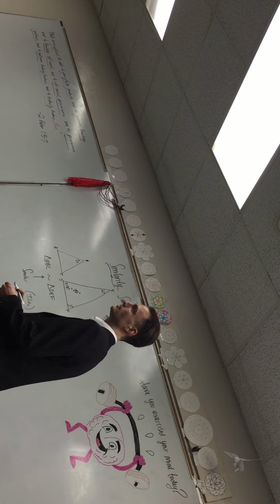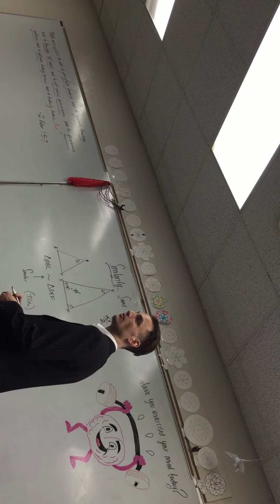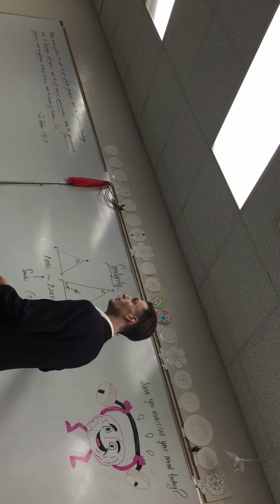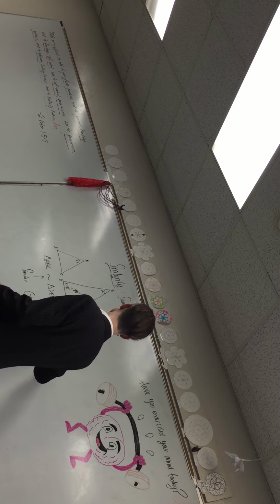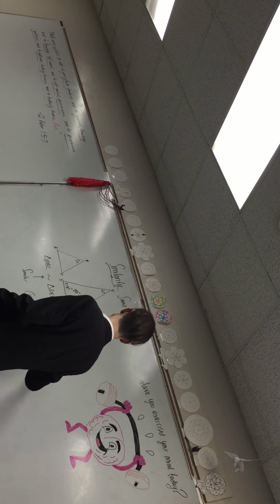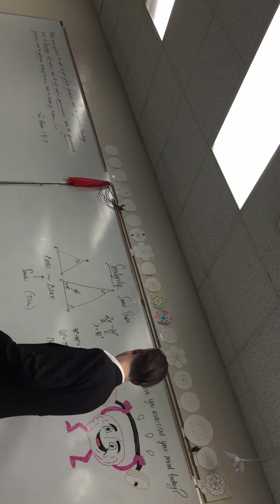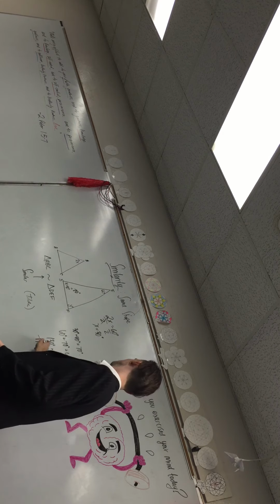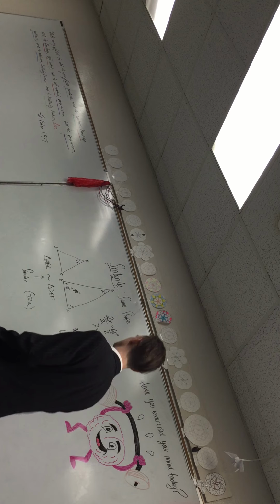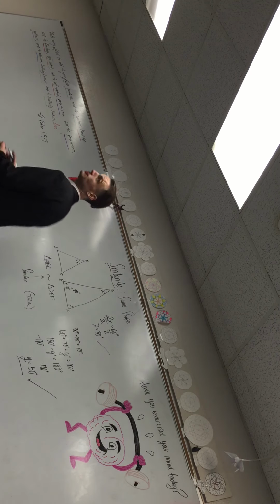How do I solve for y? 60 degrees plus 70 degrees plus y equals 180, right? 60 plus 70 is 130 plus y is equal to 180. Subtract 130. And I get y equals what? Good job. So we solve for x and we solve for y.